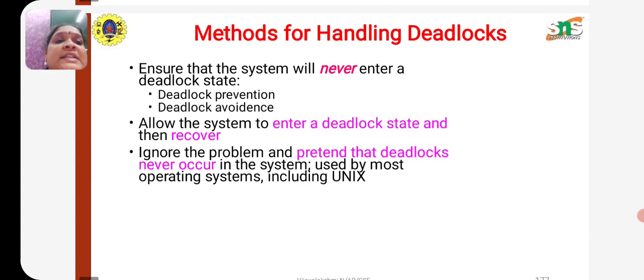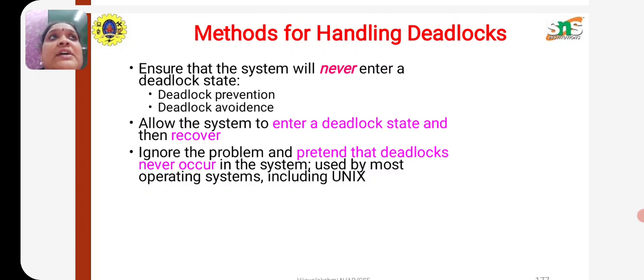Here they are saying that we need to ensure that the system will never enter a deadlock state.